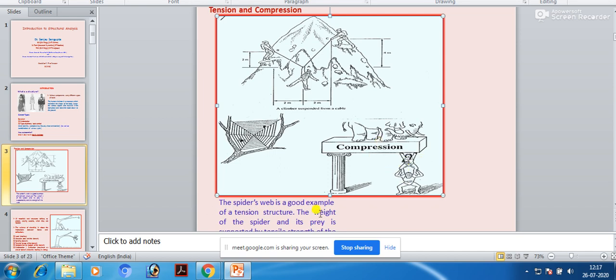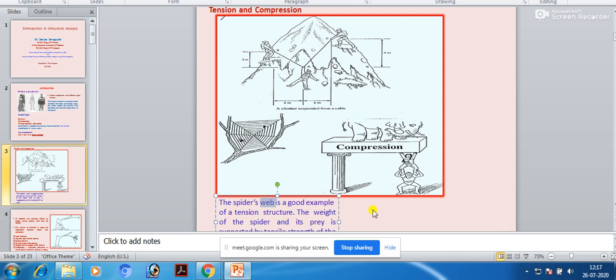Another beautiful example: you see the spider's web. The spider's web is a very good example of a tension structure. All the small grids that the spider makes are basically a kind of tension structure. Whenever there is tension, it can be easily taken up by those webs.